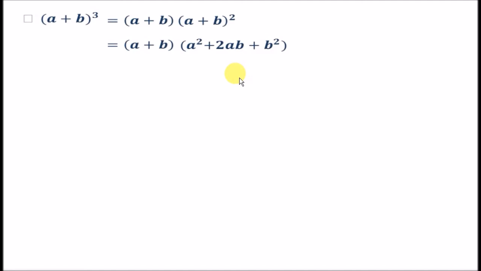Now let's use the distributive property and multiply the quantities of the second bracket one by one with a and b.